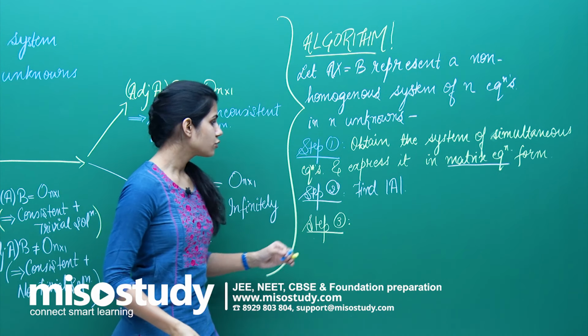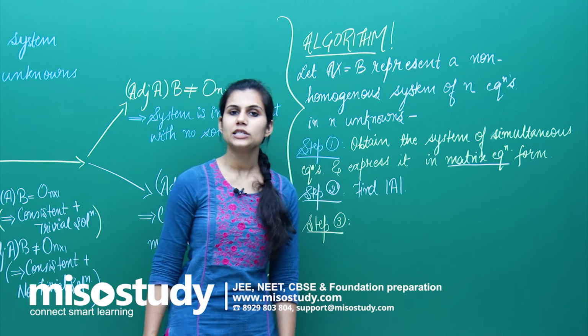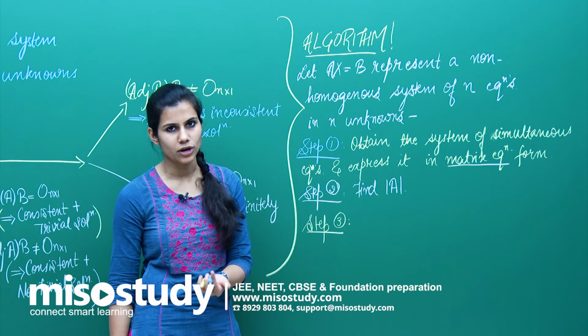If that determinant value is 0, then what happens? How do you have to proceed? If that determinant's value is non-zero, then what happens? How do you have to proceed?